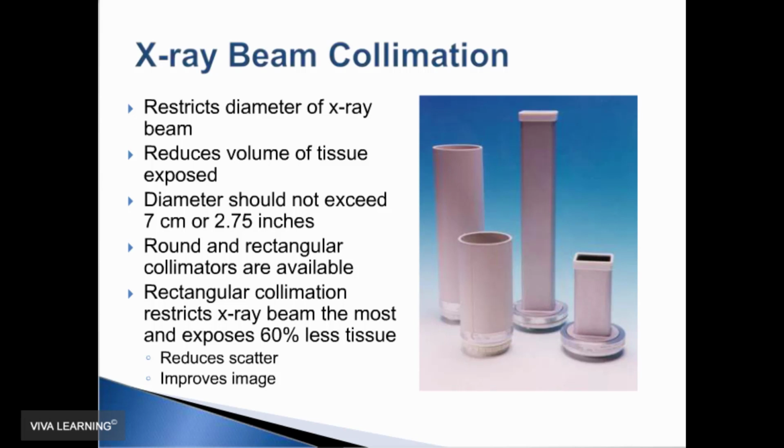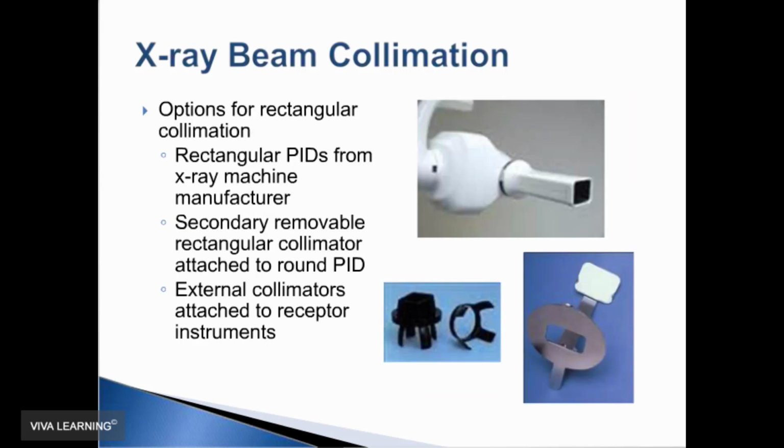Digital receptors are much more sensitive than film to radiation exposure, and scatter radiation can degrade the digital image. So rectangular collimation not only would reduce exposure to the patient, but would also improve the image quality, and this is why it's being recommended.